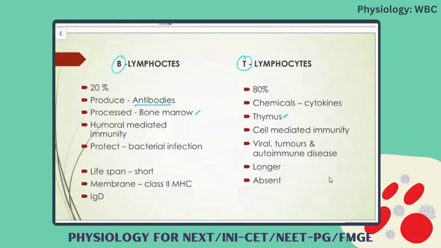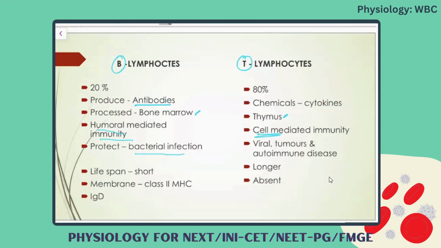Okay. And since it is producing the antibodies, it is involved in the humoral mediated immunity. Humoral immunity is due to the B cells because of antibody production, whereas cell mediated immunity is due to the T cells. T cells is involved in the mechanism.